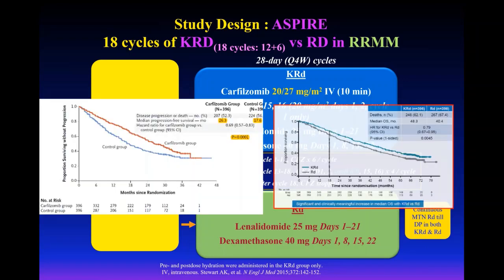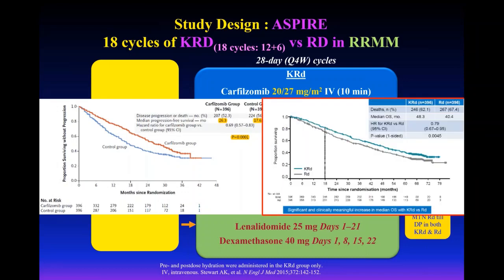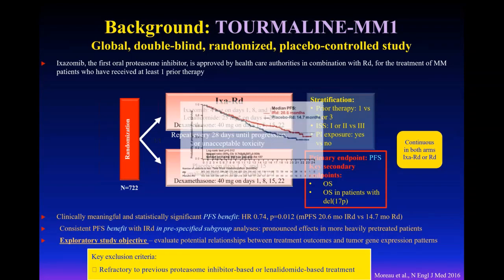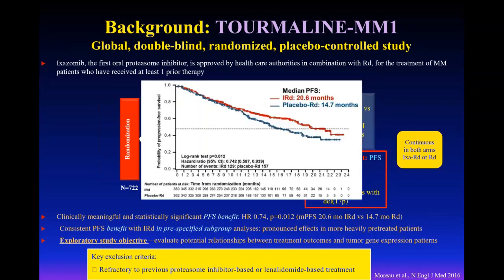And the other study is TOURMALINE-MM1, which randomized relapsed myeloma patients to ixazomib versus placebo, plus RD. The reason they use placebo is that ixazomib is an oral agent, so that's why they use placebo as a control. In this instance, again, the patients in the intervention arm have a superior progression-free survival.